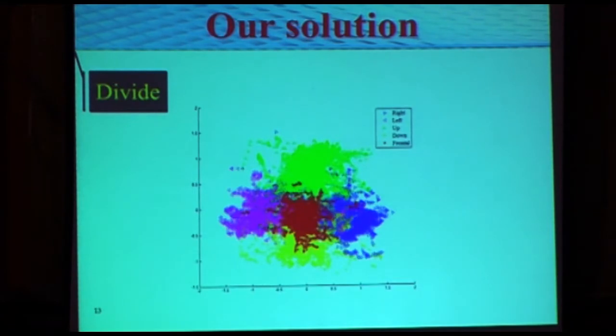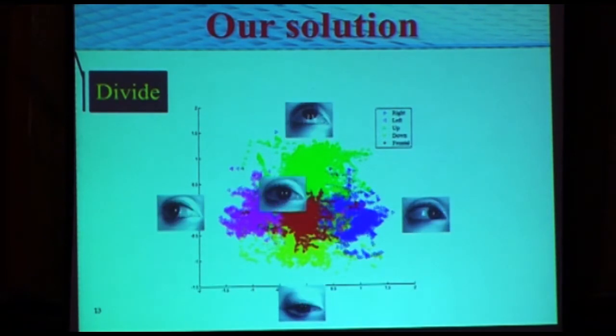Okay, let's see the SGF feature distributions. By PCA, we reduce the dimension of SGF. We can see that the feature distributions are actually different for different off-angle categories. So they can be applied to classify the off-angle iris images.